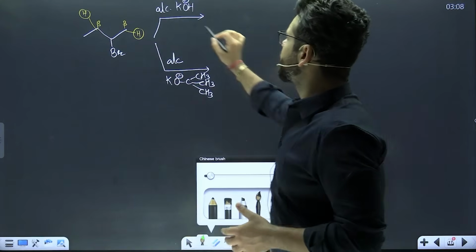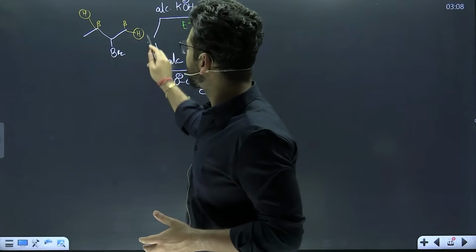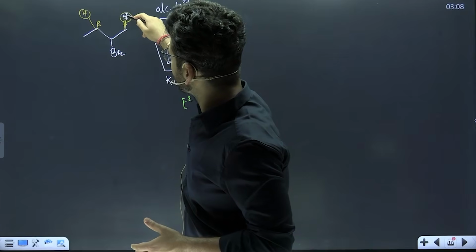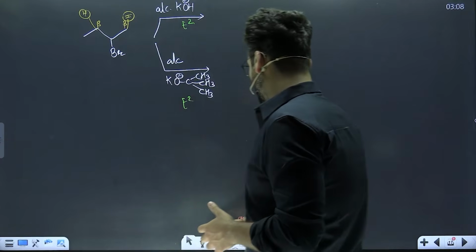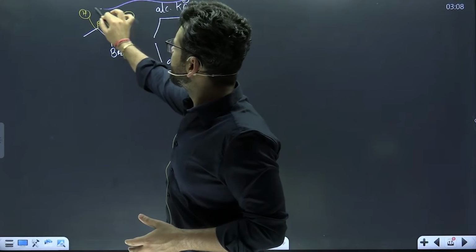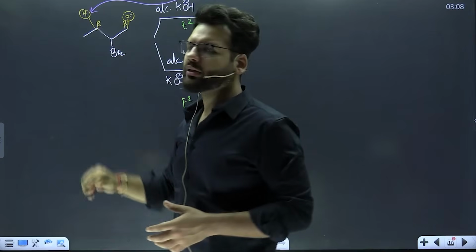Since it is an E2 mechanism, it's an anti-periplanar mechanism, meaning the hydrogen and the bromine must be present anti to each other, meaning opposite side to each other. So I'm showing it like this. If you take a small sized base, it can easily attack on beta protons, which are even embedded deep inside the molecule, like this one.